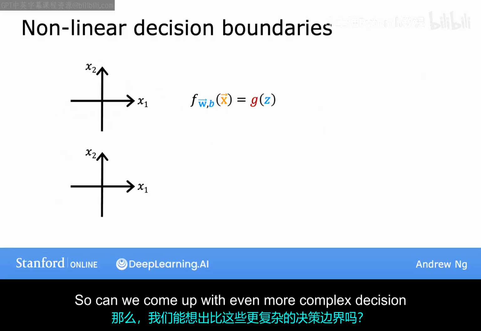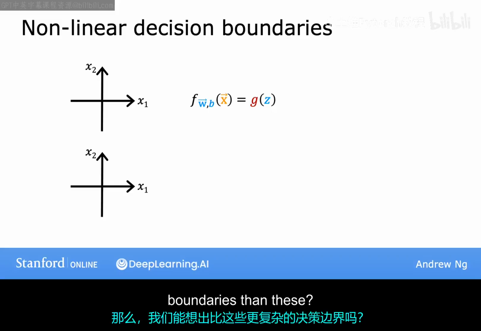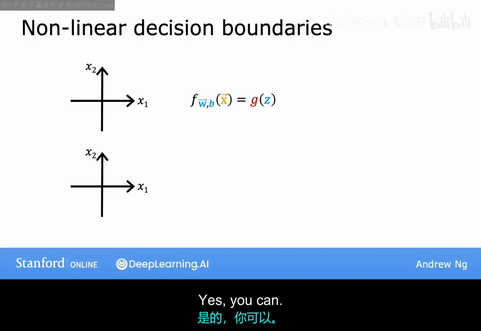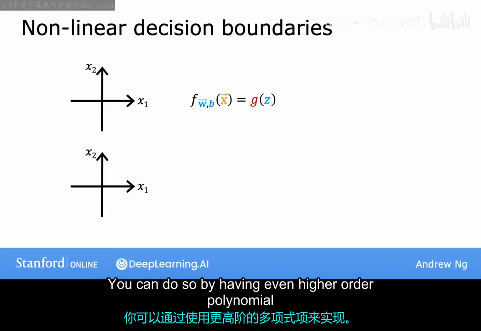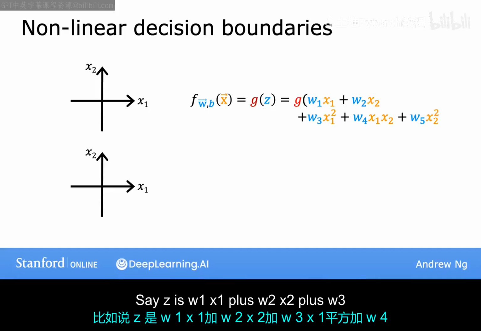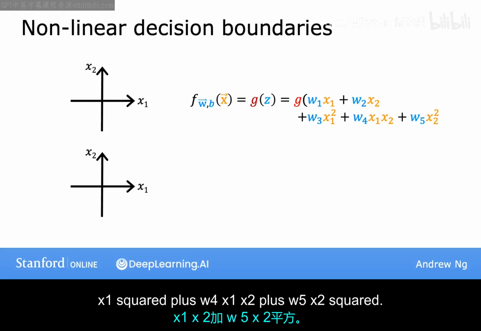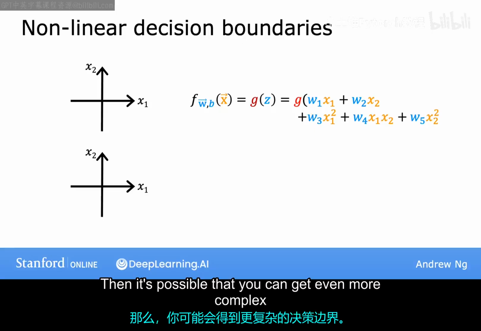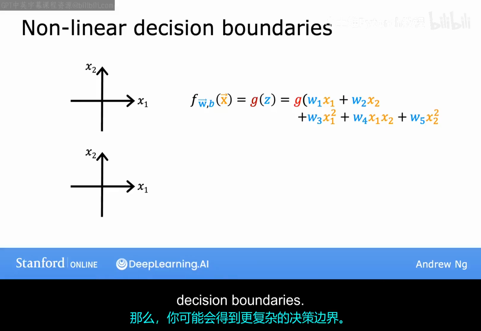So, can we come up with even more complex decision boundaries than these? Yes, you can. You can do so by having even higher order polynomial terms. Say z is w1 x1 plus w2 x2 plus w3 x1 squared plus w4 x1 x2 plus w5 x2 squared. Then it's possible that you can get even more complex decision boundaries.